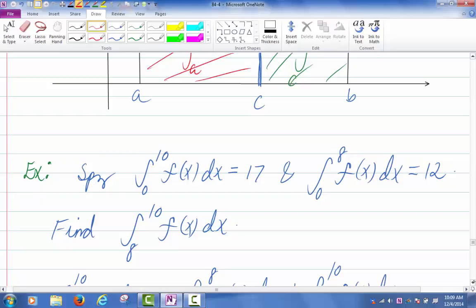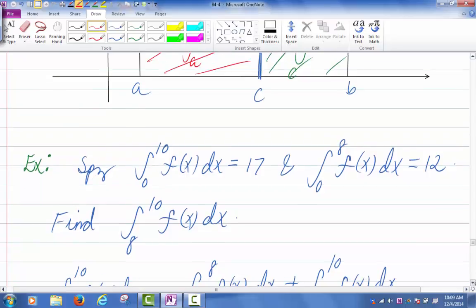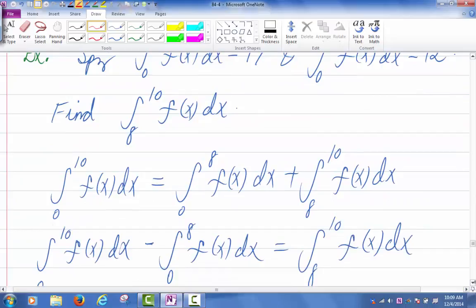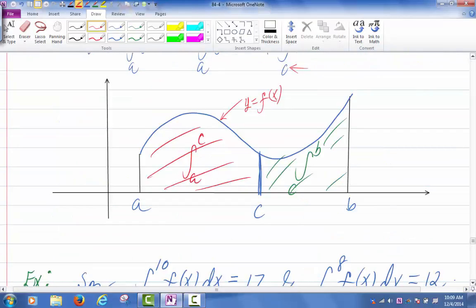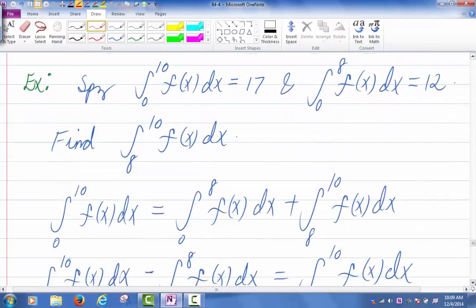Is the question clear? You know the value of the integral from 0 to 10. You know the value of the integral from 0 to 8. You need to find the value of the integral from 8 to 10. How would I do it? Well, by applying the previous formula that we have. What do we know? The integral from 0 to 10 is the same as the integral from 0 to 8 plus the integral from 8 to 10, right?